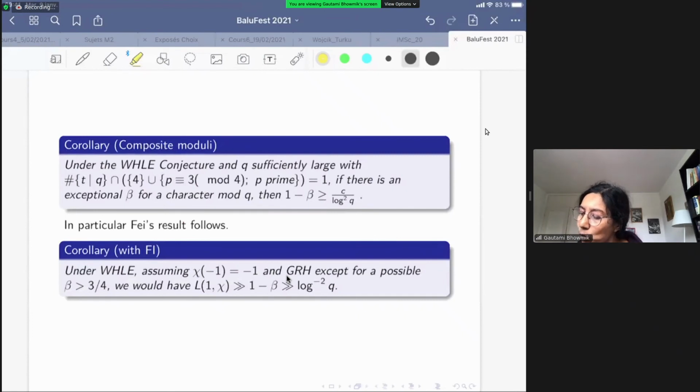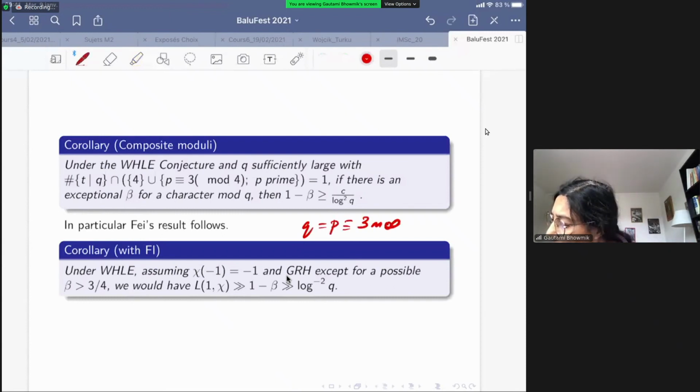It says that if you assume this conjecture, the weak Hardy-Littlewood conjecture with exceptions, and if Q is sufficiently large with some conditions, which comes from your chi, then there is a beta such that 1 minus beta is large. And which case is phi's? Phi's is the case that Q is equal to P, and it's congruent to 3 mod 4.